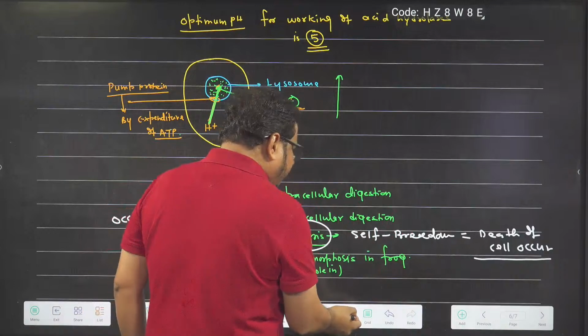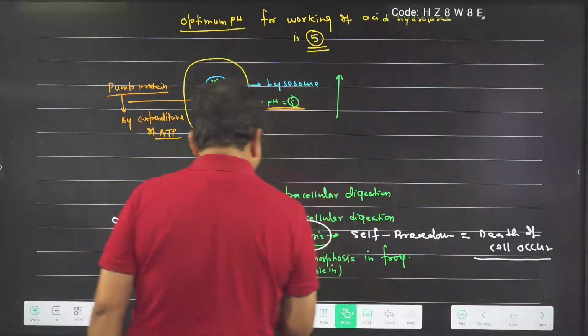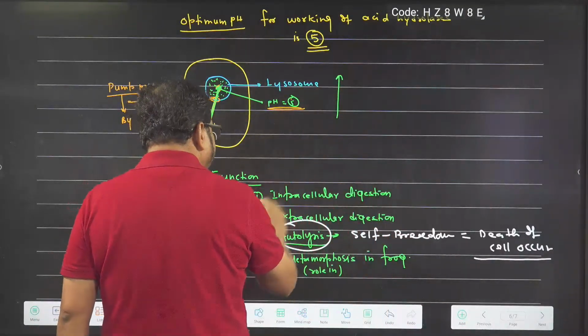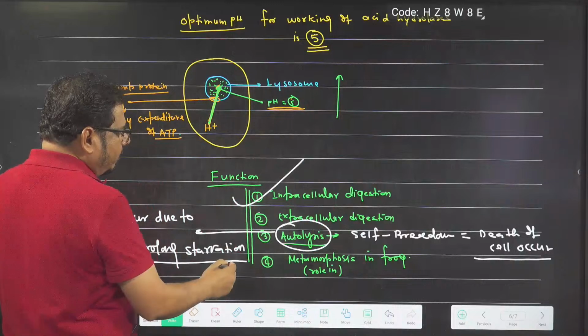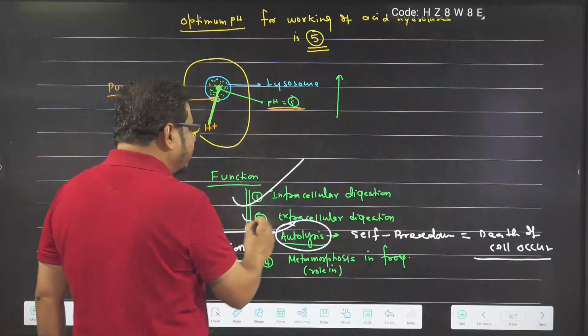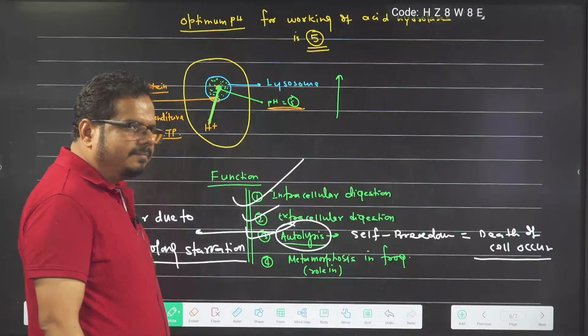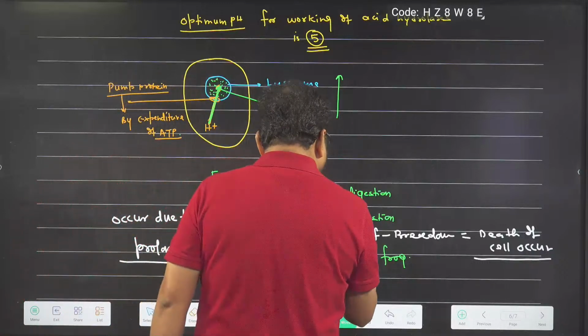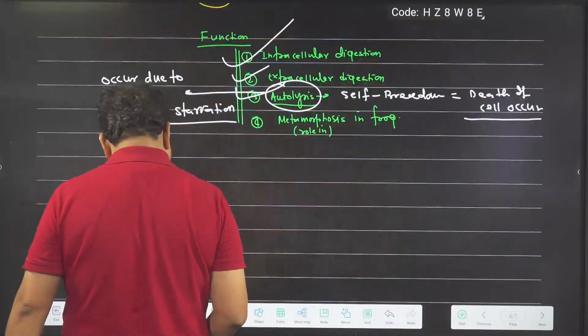Now I am telling extracellular digestion. I have given you the justification of intracellular digestion, and I told you about autolysis. Now I am telling about extracellular digestion. Where does lysosome perform extracellular digestion?